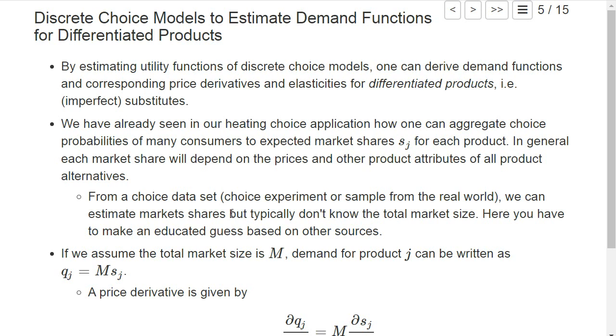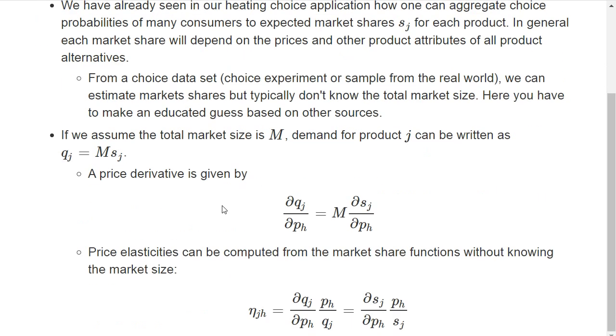So if we really want to derive a demand function or price derivatives, we have to make an educated guess about the market size. If we are willing to make such a guess and assume that the total market size is M, just some number, maybe 1 million units, then the demand for product J can be written as the product of the market size times the market share Sj.